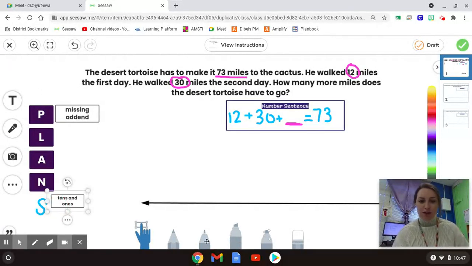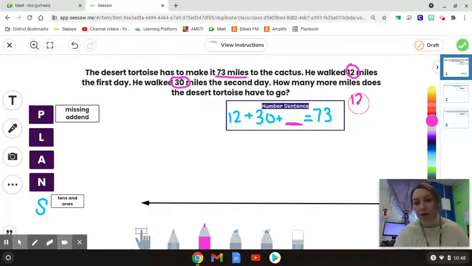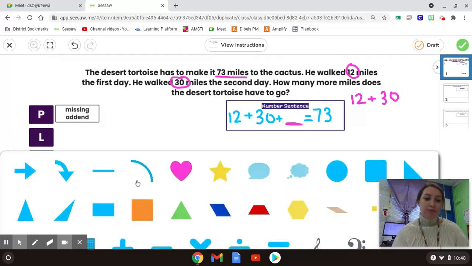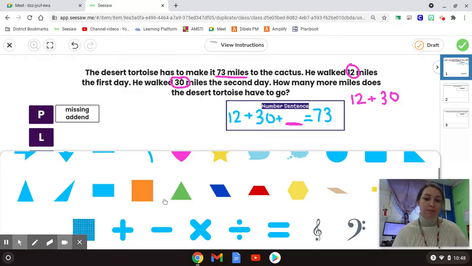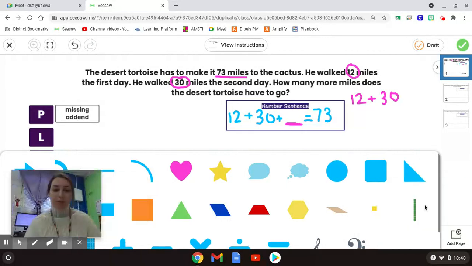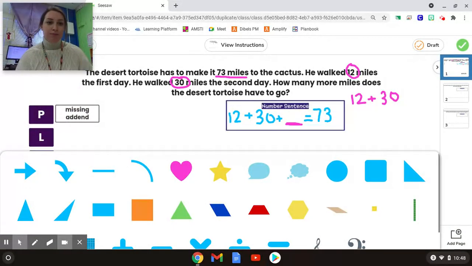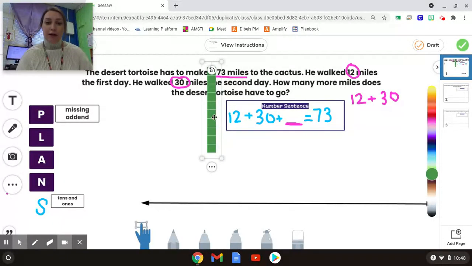So where can I do that? I'll do it over here. So 12 plus 30. And this is a really complex problem. So if I'm going to show the number 12, I'm going to need a stick of 10 and then 2 units.